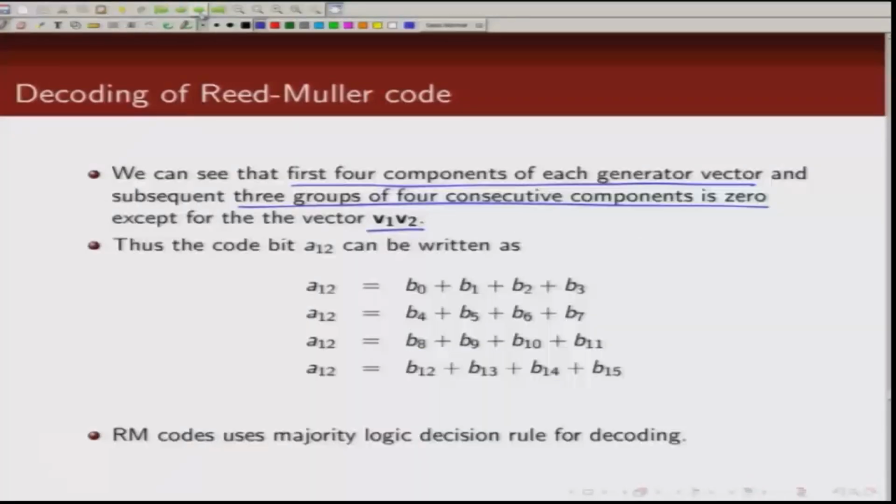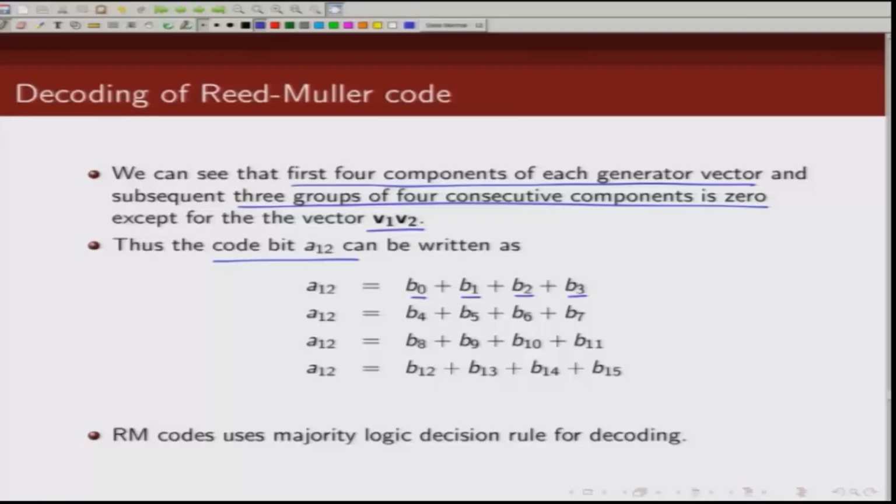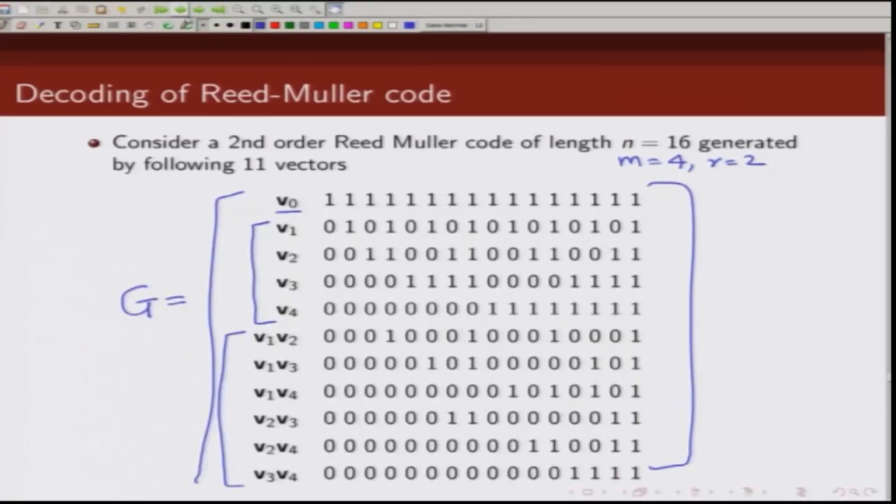In other words, if I call the code word bit at the 0th location B0, at the first location B1, second location B2 and B3, then by adding the first 4 bits I can get information about what A12 was, and this can continue for the next set of bits as well.